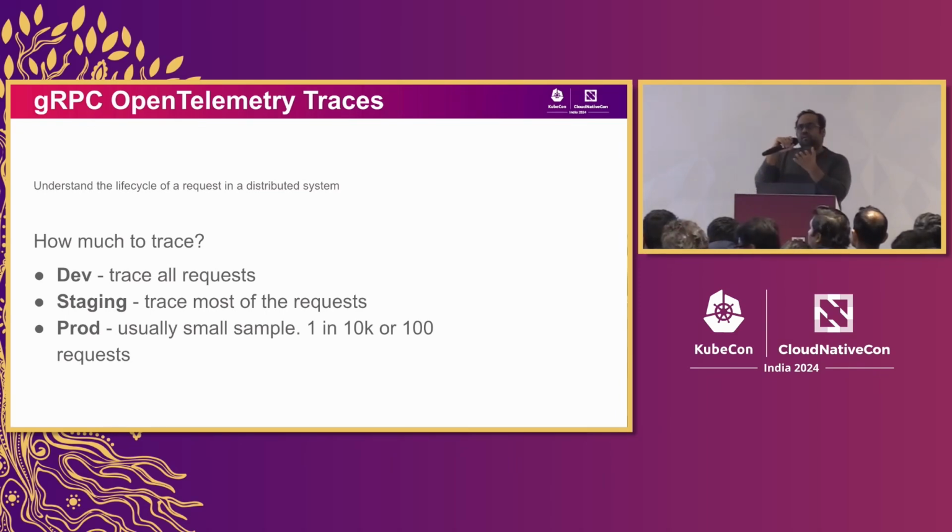So what you do is you sample requests, 1 in 1,000 or 1 in 10,000, and then just trace those. That also gives you the same amount of information to debug your service or see what is happening in your service, with a lot less expense, spending less on the resources.